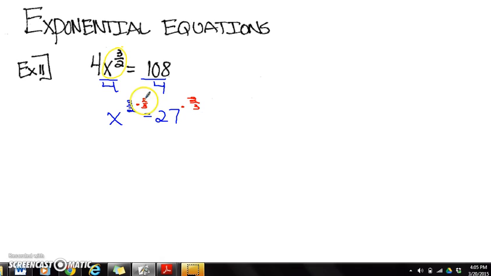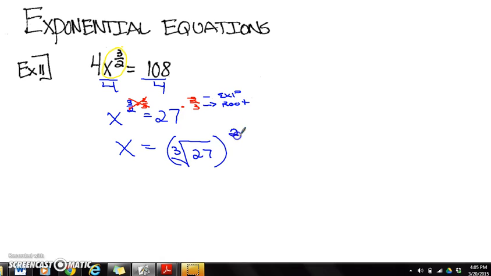The reason you did that is so this cancels out and it gives you just an x to the first power. Now, remember, this is your root. This is your exponent. There it is, root and exponent. So you're going to have the cubed root of 27 squared. So it's going to be x equals 3 squared. X will be 9. There you go.